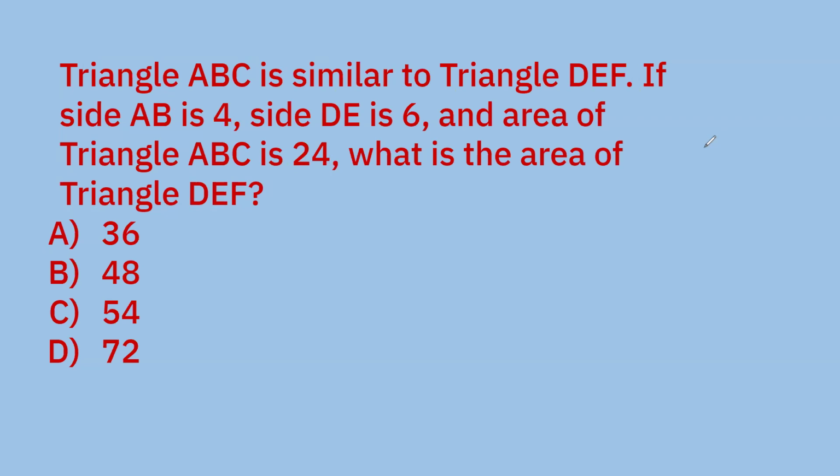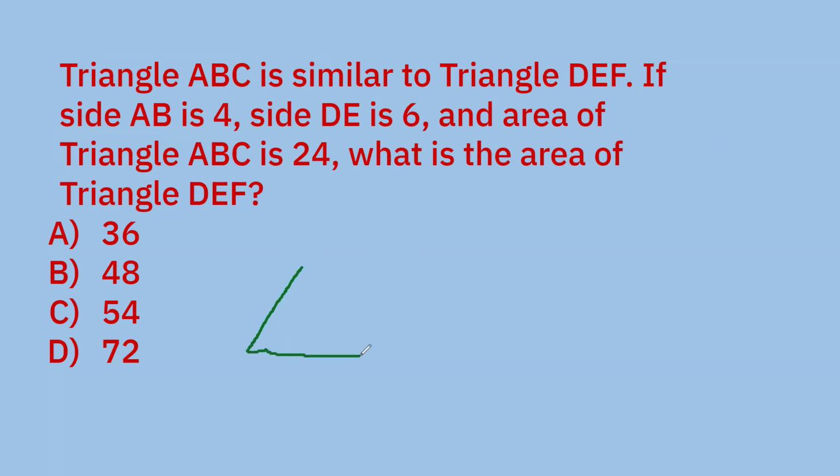Triangle ABC is similar to triangle DEF. If side AB is 4, side DE is 6, and area of triangle ABC is 24, what is the area of triangle DEF? All right, so let's draw these out to imagine them.